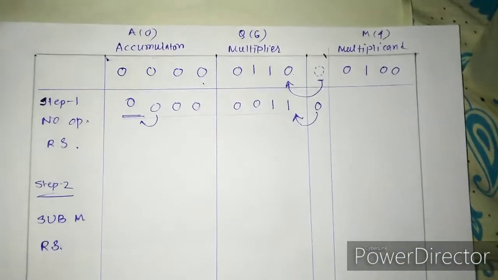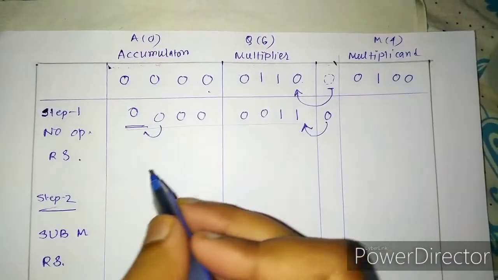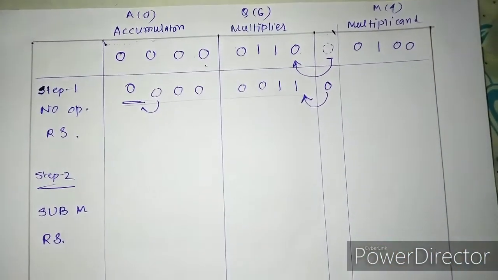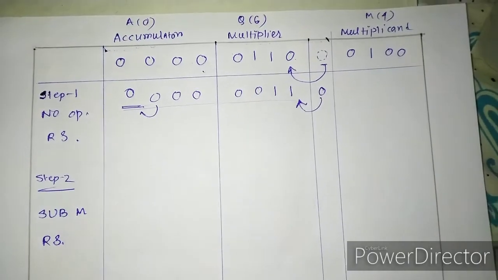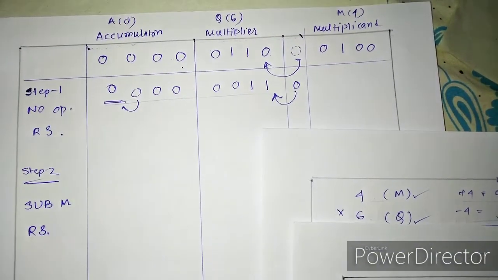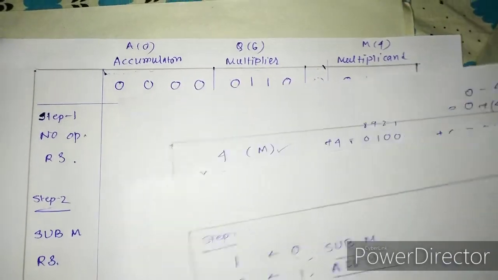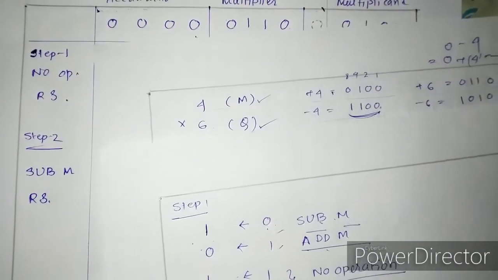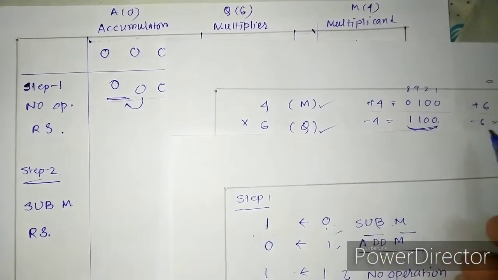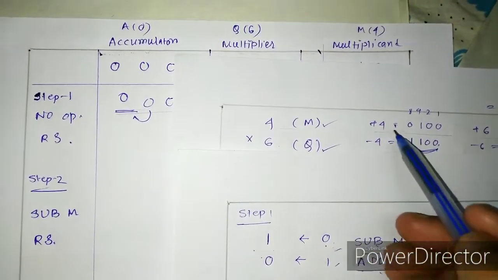So subtract M. What we have to do is the accumulator minus the multiplicand. I'm sorry that I have to change this page here. Please write them before you perform your multiplication. The multiplicand is 4.